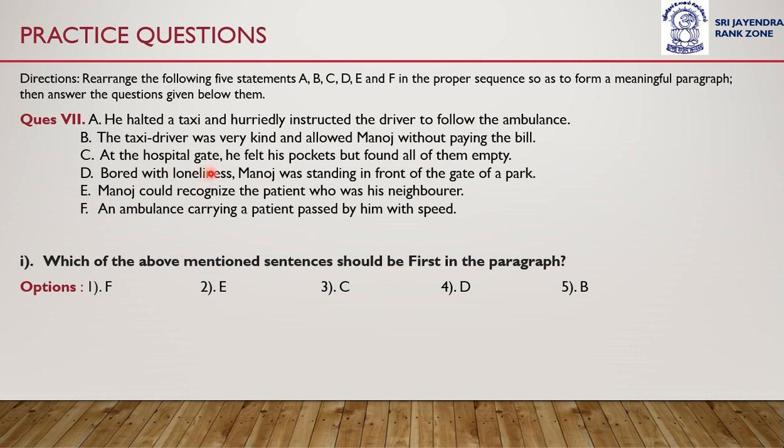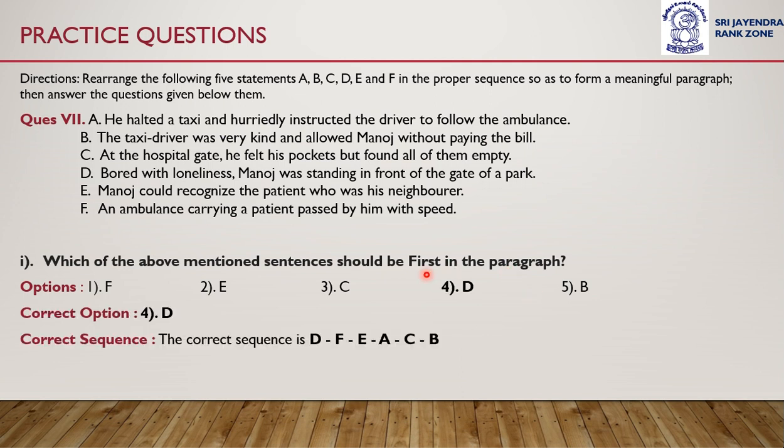D. Bored with loneliness, Manoj was standing in front of the gate of a park. So after D, is D the first option? Let us check. Yeah, D is the first.